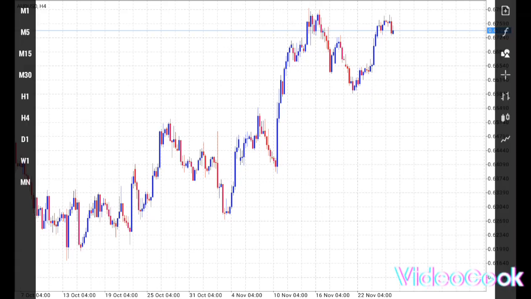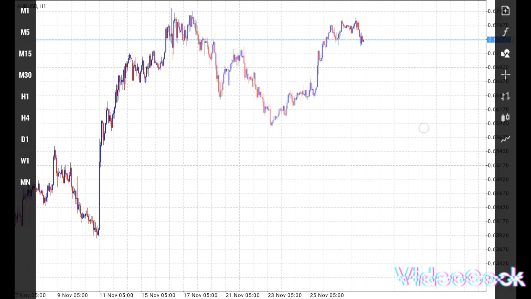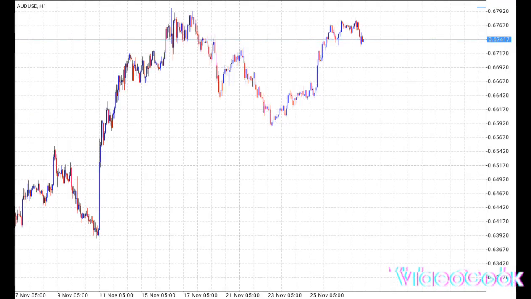Let's go down still to the H1 and see. What we can do right now is first look at the points of resistance and support where they can be. So we can first make a horizontal line, ideally with about 3 touch points.